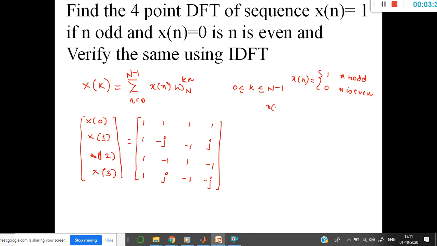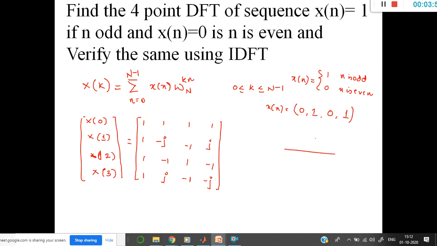So let me write the x of n sequence here. First I will write x of 0. x of 0 is an even sequence, hence I'll write 0 here. Next, x of 1 is an odd sequence, the magnitude of x of 1 is 1. Again, x of 2 is an even sequence, once again 0. x of 3 next is an odd sequence.